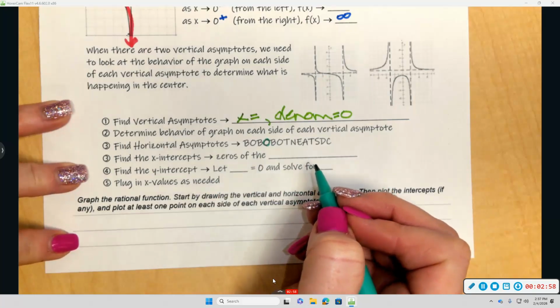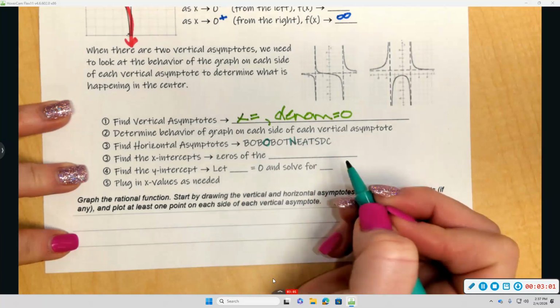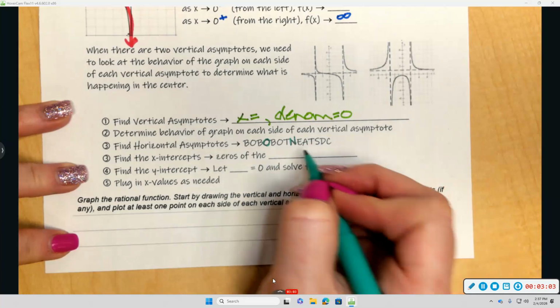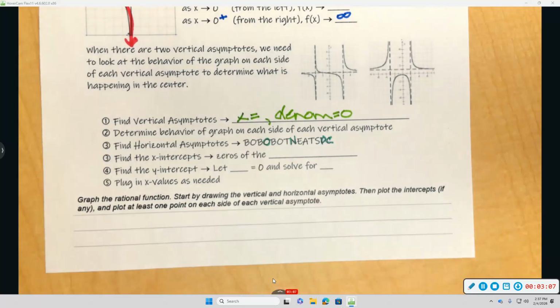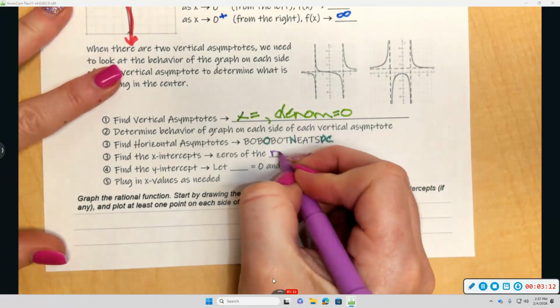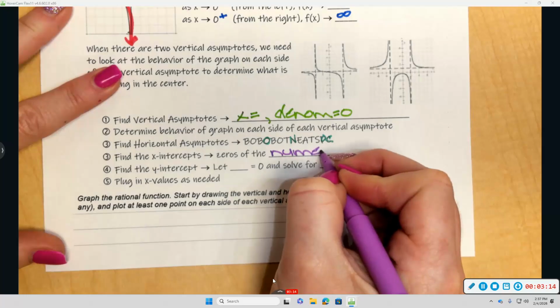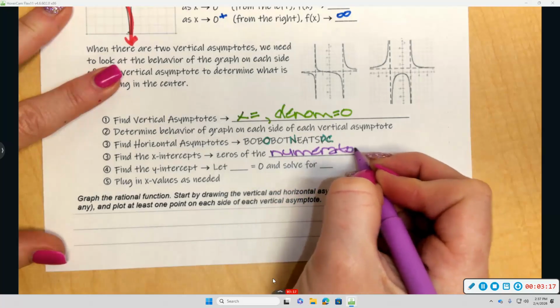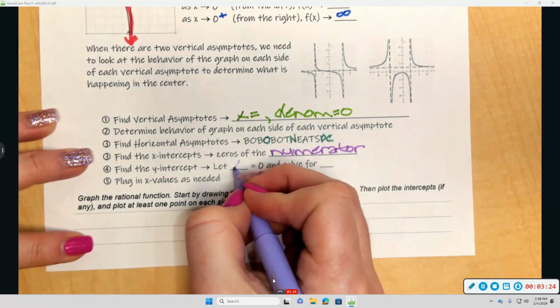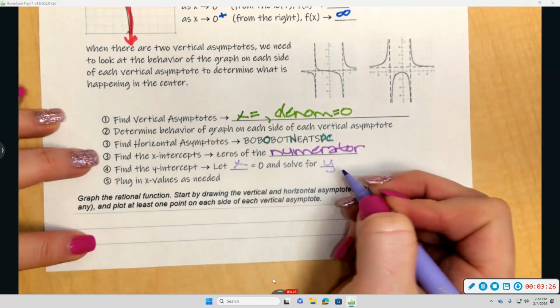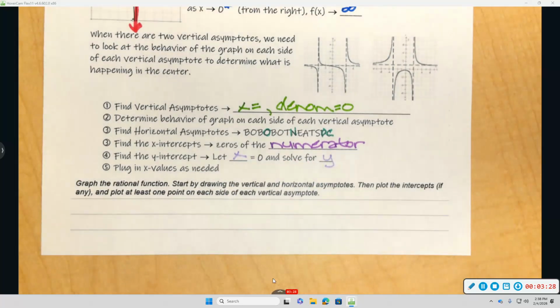If the power of x is bigger on top, there is not a horizontal asymptote. And if the exponents are the same, we divide the coefficients. Next, we'll find x-intercepts, which are zeros of the numerator. Then we'll find the y-intercept, which is what happens when we let x equal 0 and solve for y. And then we'll plug in x values as needed.